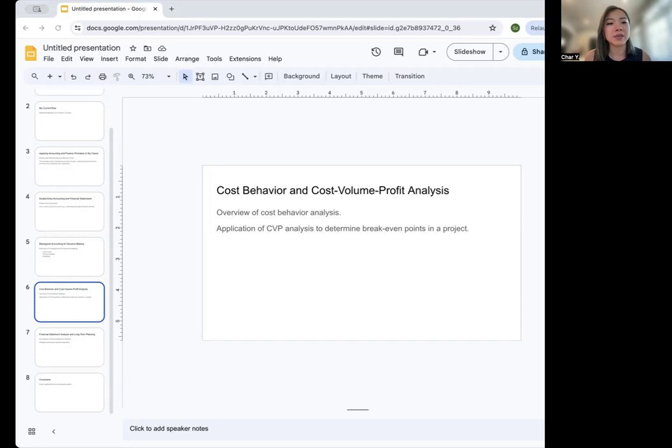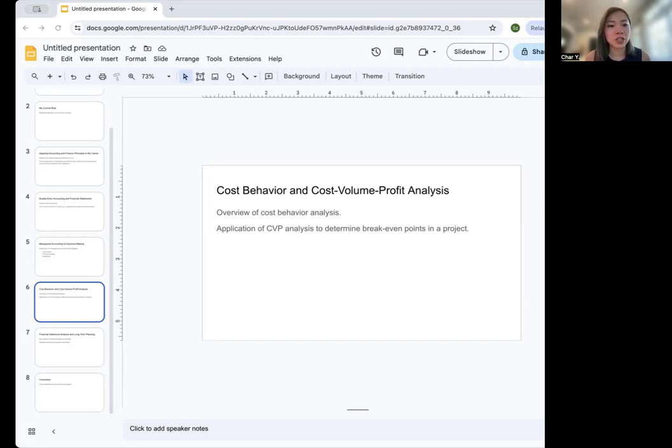The next thing is the profit planning aspect. Using the analysis will help us understand the impact of changes in cost and volume on profit. If the cost is really high, then we probably need to plan ahead and see where we can make more effective decisions.